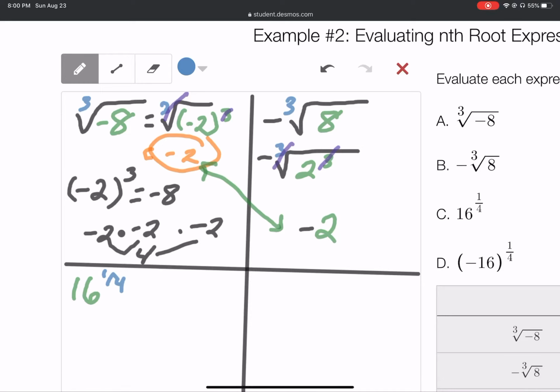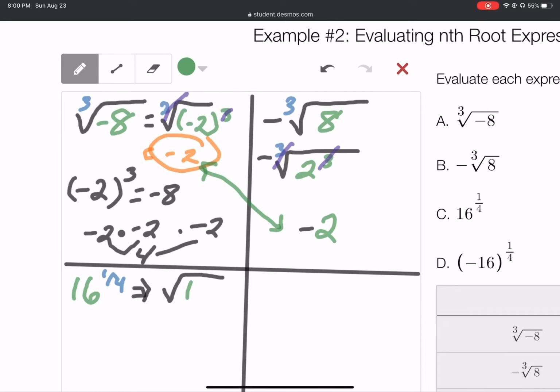All right, so remember in our first slide when we were talking about radicals, radicals is anything that has a root symbol, can be written as exponents. So what I'm going to do here is change this into a root.